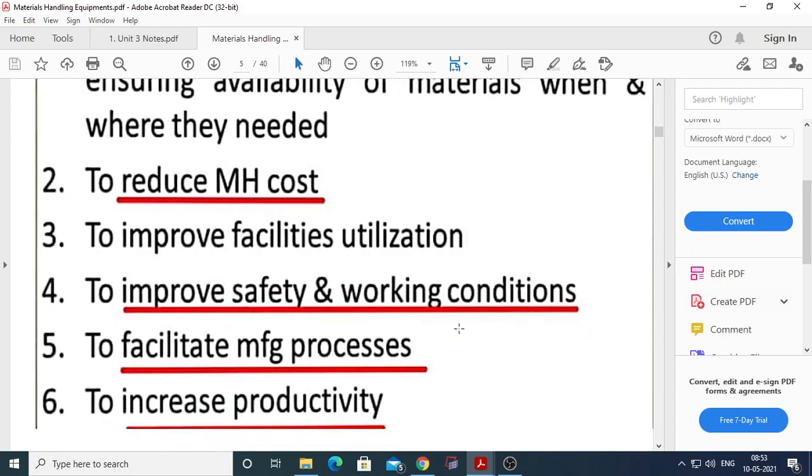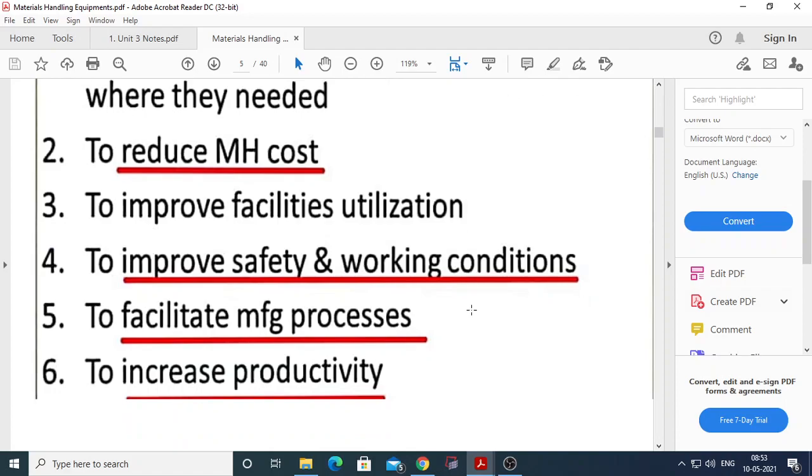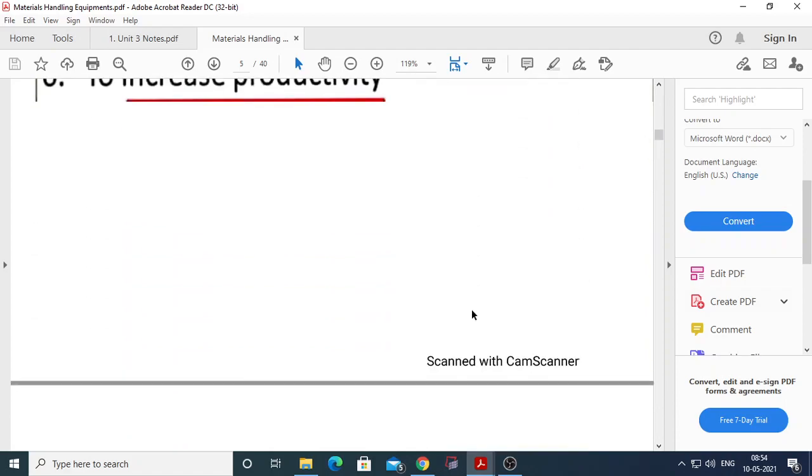This cost should range from 10% to 35% of the cost of the product, as I have told you already. This is the primary function of the engineer, to minimize the cost of material handling. Are all of you getting the objective of the material handling system?